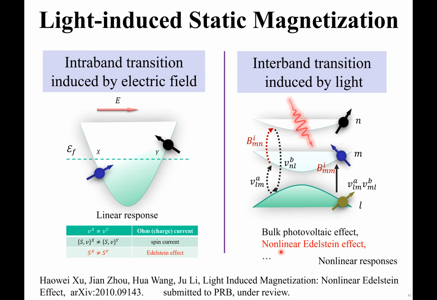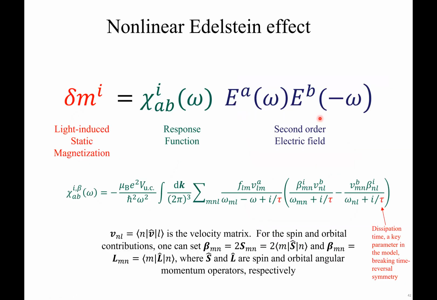But there is a quadratic Edelstein effect, and it doesn't require the system to be metallic. You can show that by doing the quadratic response theory, that you can induce a static magnetization, just like the previous discussions. And this can have both electronic spin as well as electronic orbital angular momentum contributions.